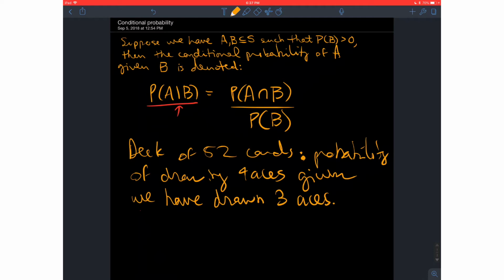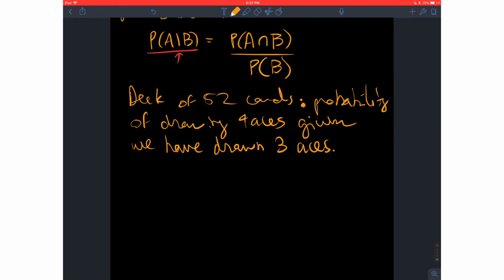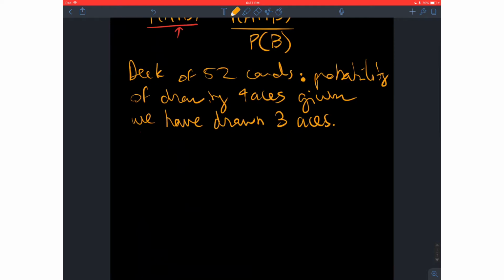Essentially, we're playing a game. We have an experiment where we're going to draw 4 cards, and we want to know what is the probability of getting 4 aces given we already have seen 3 aces.